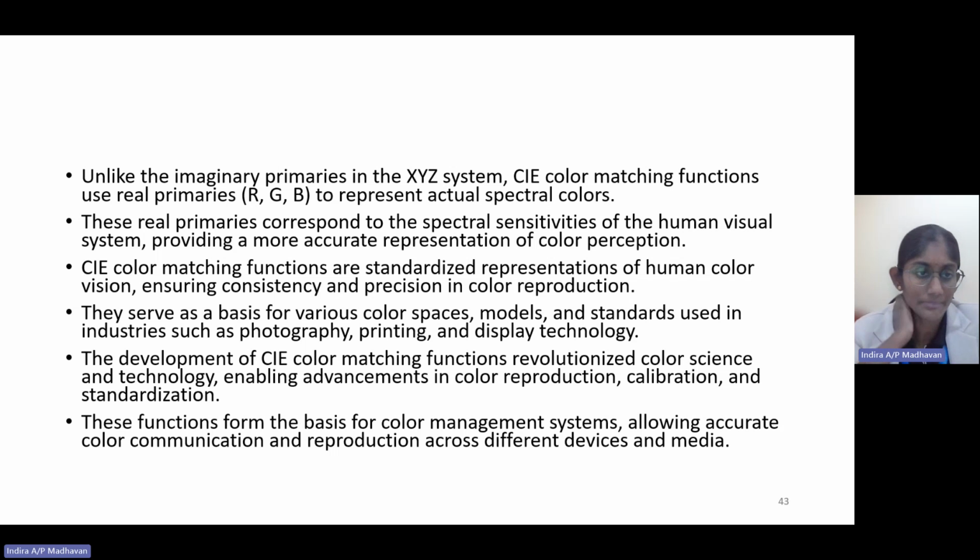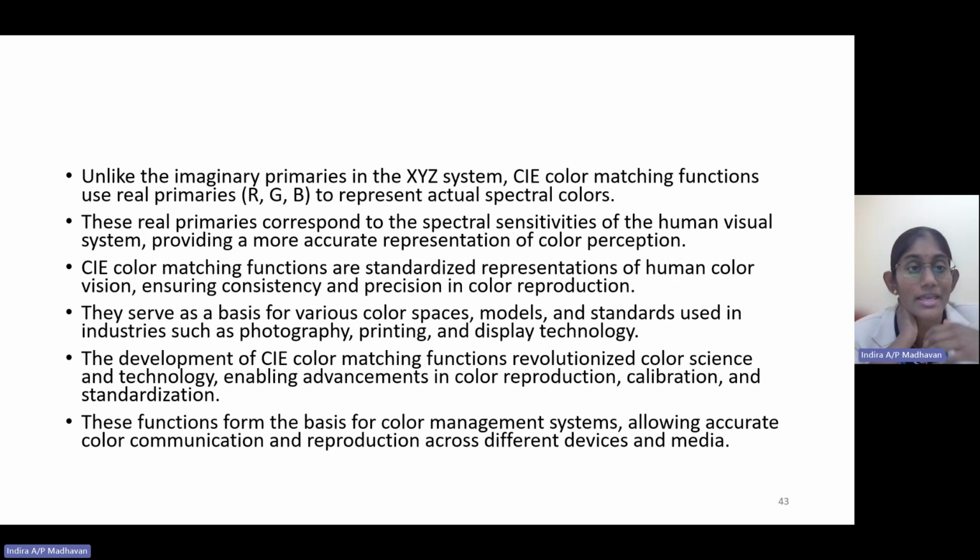Okay. And the CIE color matching functions are standardized representations of human color vision, ensuring consistency and precision in color reproduction. Because they are using the real primary color values, they are very accurate and consistent in producing colors.